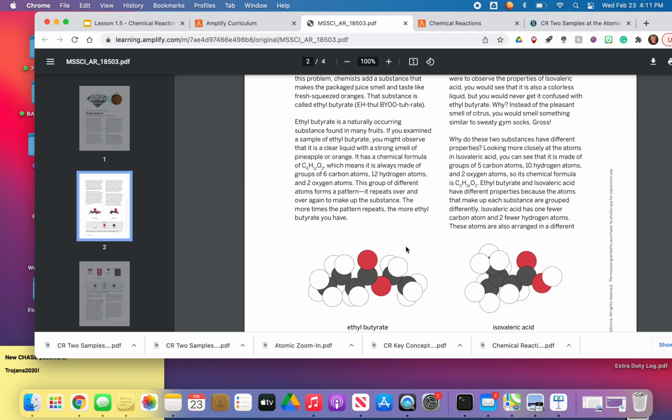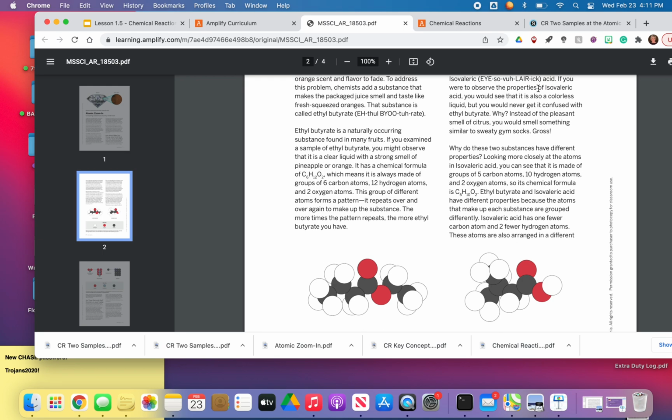So we compare that to another compound that has a mixture of different atoms put together, something called isovaleric acid. This is also a colorless liquid, but it doesn't smell like pineapples or oranges. It smells like sweaty gym socks, which is really gross.